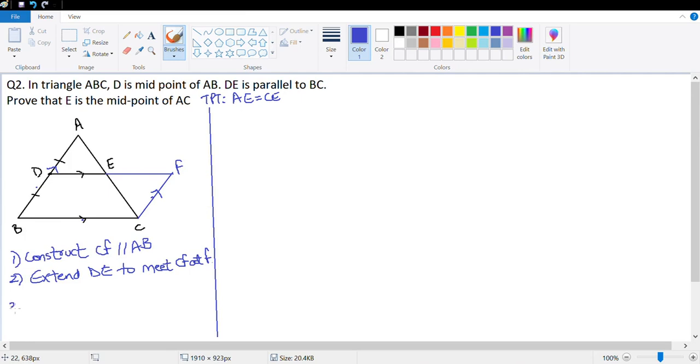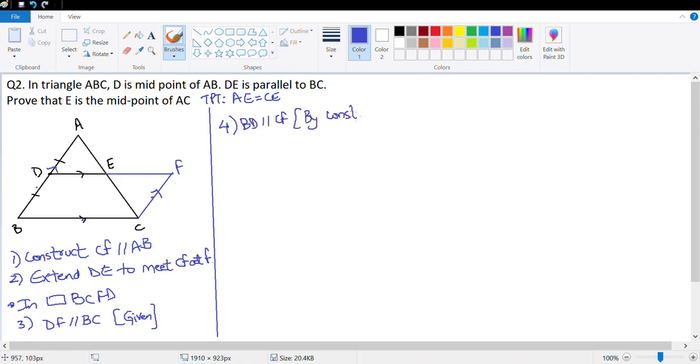Now let's write this in quadrilateral BCFD. Number 3, DF is parallel to BC. This is given. And number 4 would be BD is parallel to CF. This is by construction.